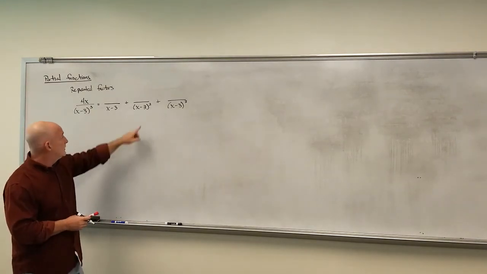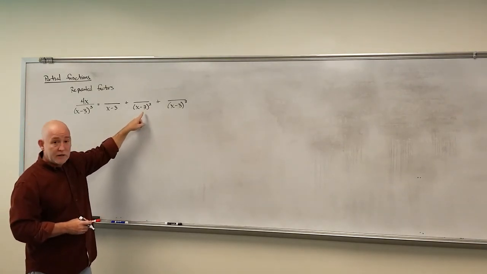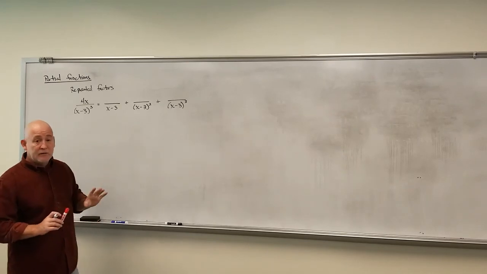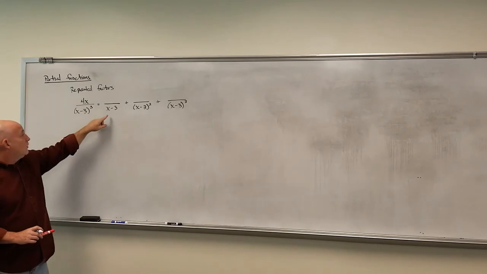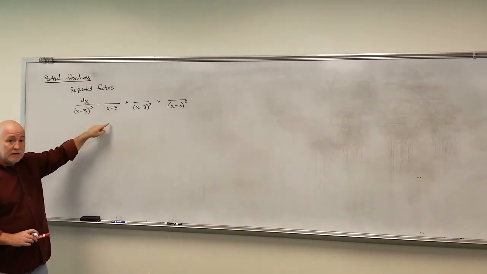Because if you were looking at this one, you'd say, oh, that's a quadratic, because the highest power is 2. That's not the way you look at repeated roots, they're treated slightly differently. We're only looking at what's being repeated.